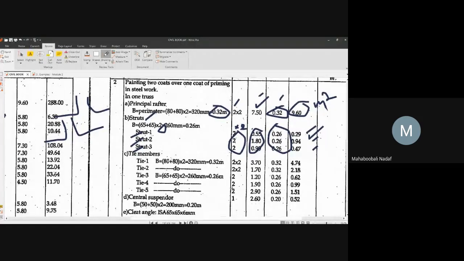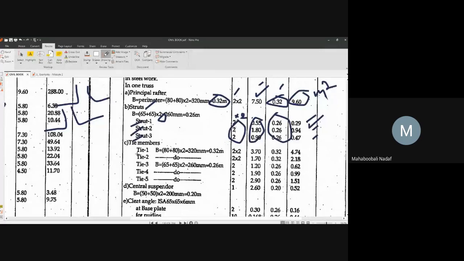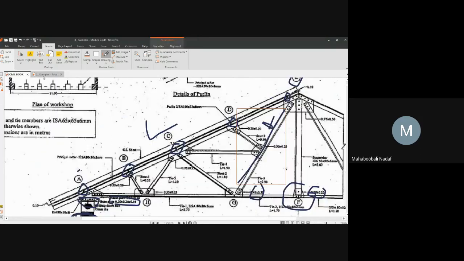Okay, now coming to the tie members. 80/80, whether they are back to back like this? Yes, sir. Tie members are back to back, and that is why multiplied with 2. How many tie members are there? Tie member 1 and 2 on either side, it is 2. And how many coats are there? 2 coats. So 3.7 is the length that is given like this. Where is that 3.7?